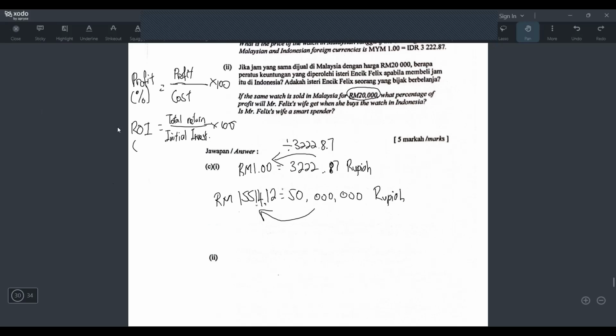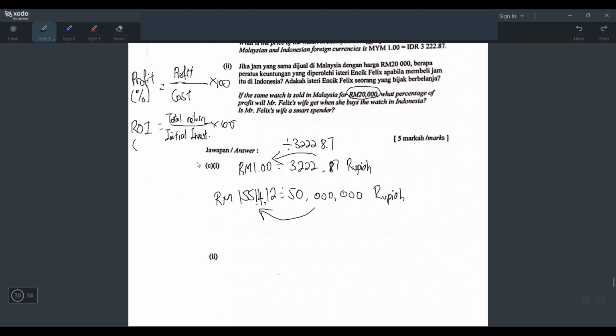Okay, let's do this question. First thing first, I need to calculate the return or the profit. So the profit will be 20,000 minus the 15514.12. Why do I have to minus?